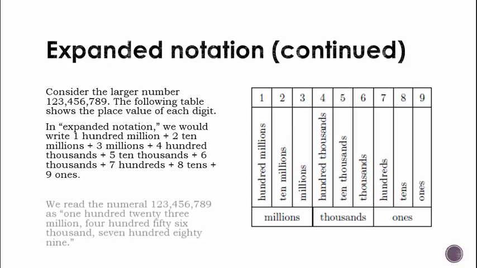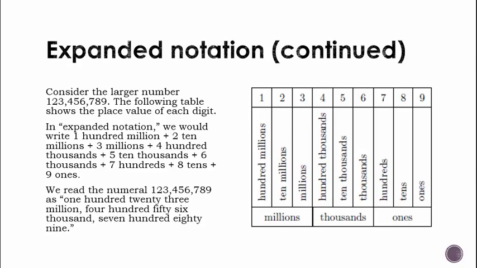Whoa. Why don't we just read it like this, right? 123,456,789, like I said the first time. But in expanded notation, we have to write 100 million plus 2 ten millions, etc.